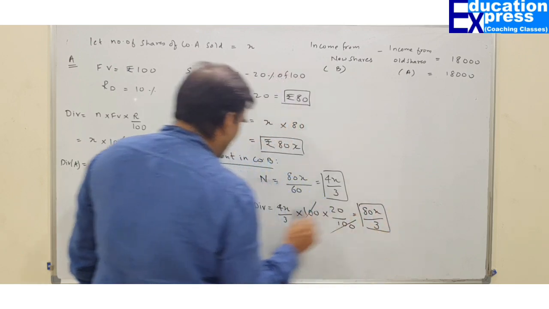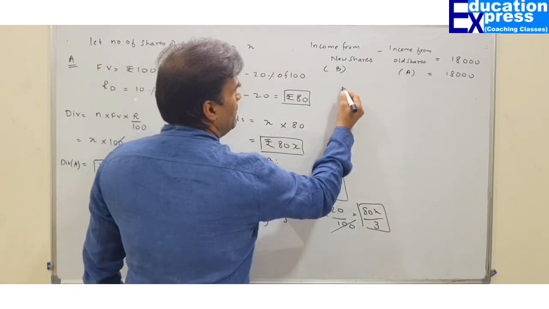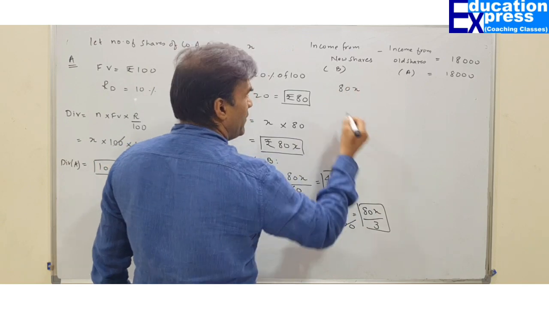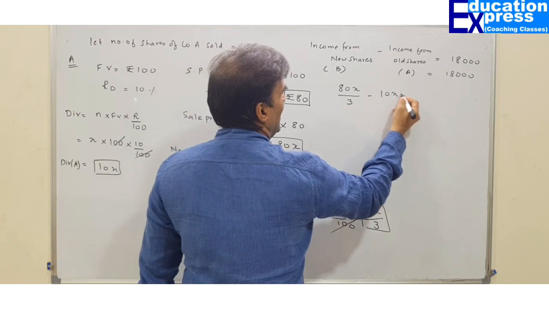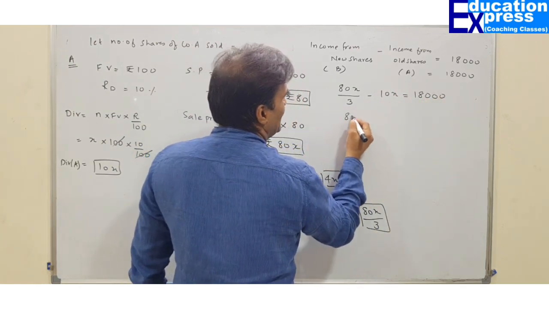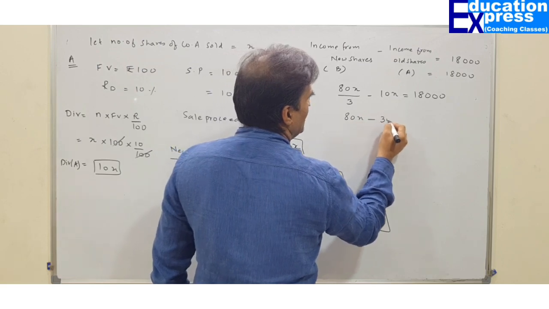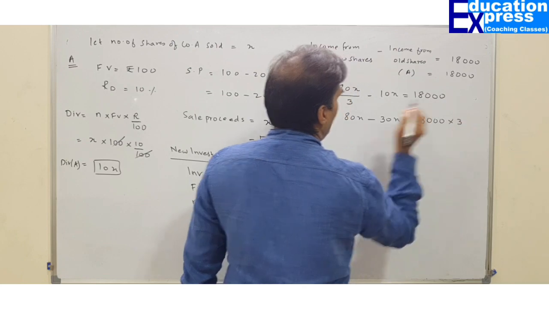This is the dividend from company B. So dividend from company B, 80x upon 3, minus dividend from company A, that is 10x, is 18,000. Take the LCM, 80x minus 30x equals 18,000 multiplied by 3.